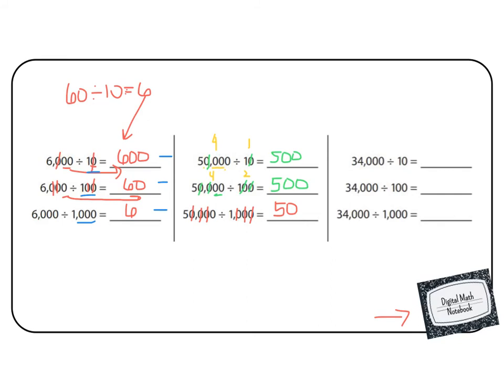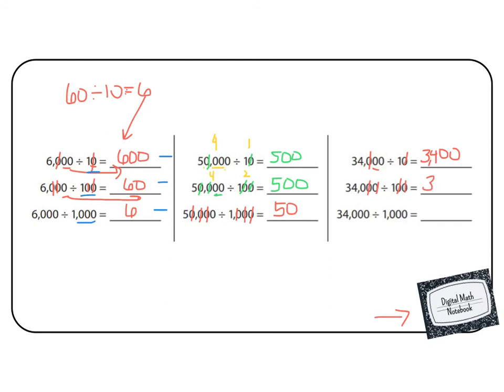34,000 divided by 10. So if we took 1/10 of this, we would take 1 zero away. So that would be 34, because that number is not going to change. And then I have 2 zeros. So that would be 3,400. Now this time we're going to divide by 100. So we're going to take away 2 zeros. So that means I'm left over with 1 zero.